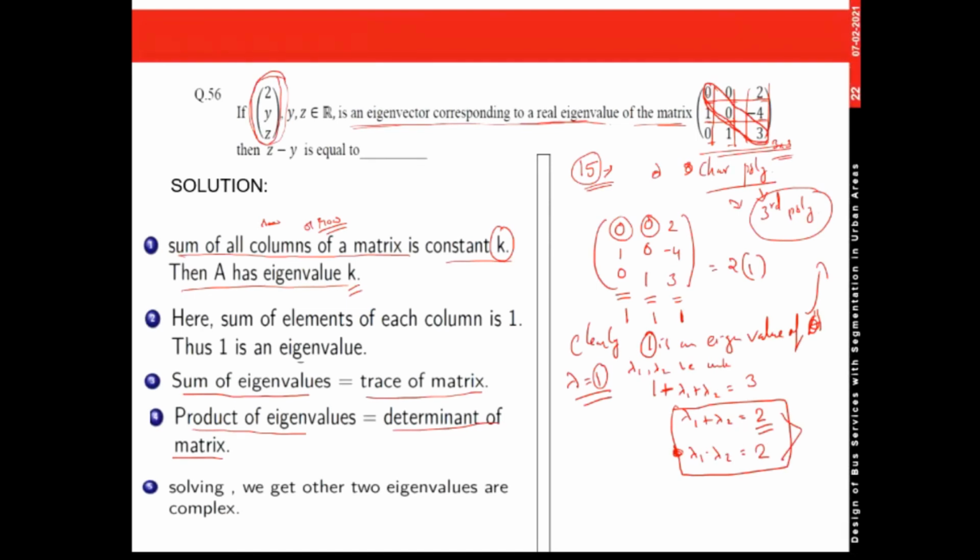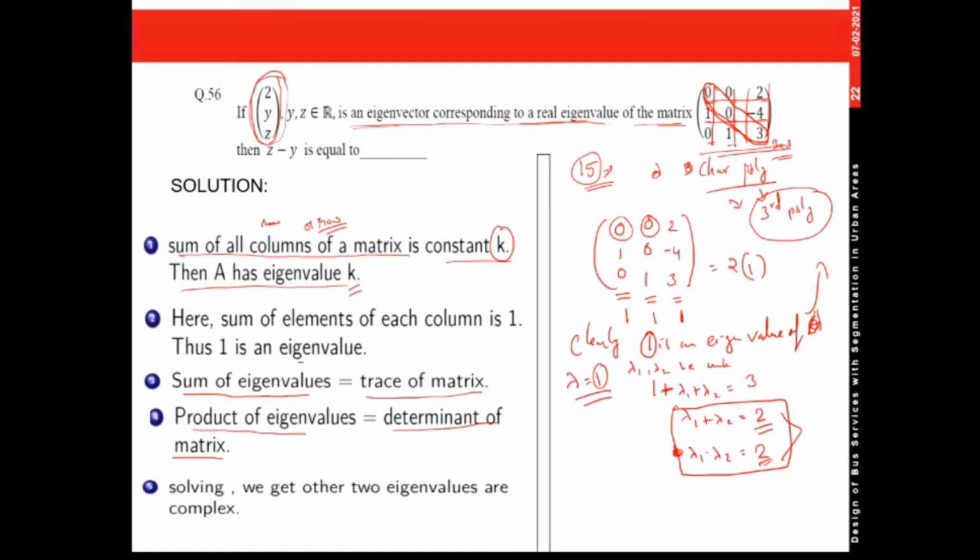You can solve it as a polynomial, or you can identify from here that lambda 1 and lambda 2 cannot be real. Any question?